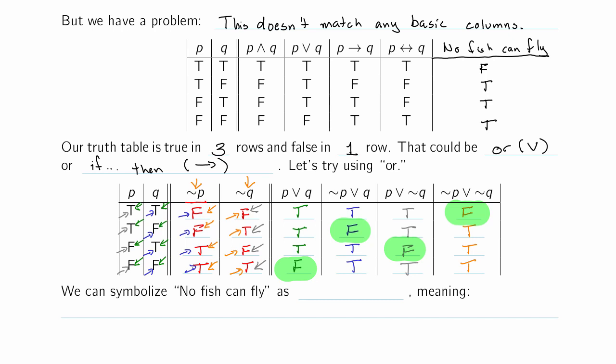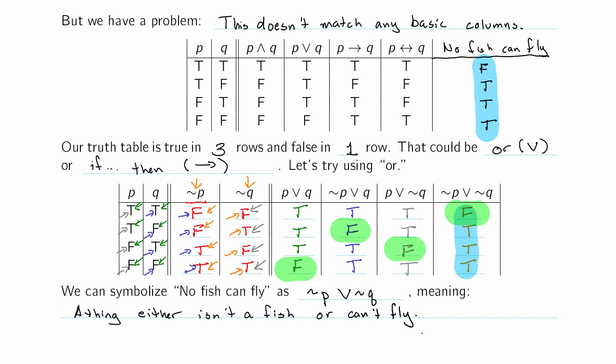In this case, we want the false row to be the first row, and that's this column. So we will symbolize no fish can fly as not P or not Q, meaning a thing either isn't a fish or can't fly.